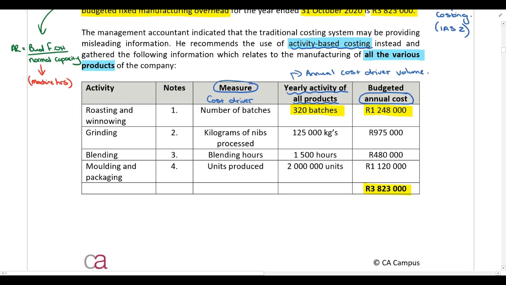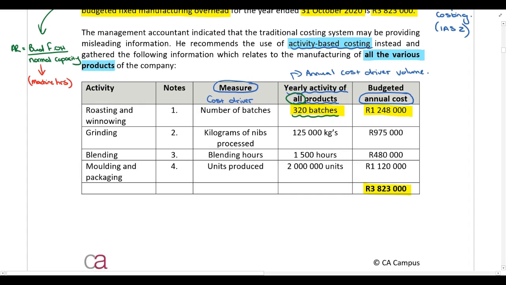So we know that the total number of batches that they expect for the financial year ended 31 October 2020 is 320 batches in total. But please note this relates to all of their products, so all 4 chocolates produced. We are trying to calculate the number of batches specifically for milk chocolate and dark chocolate.